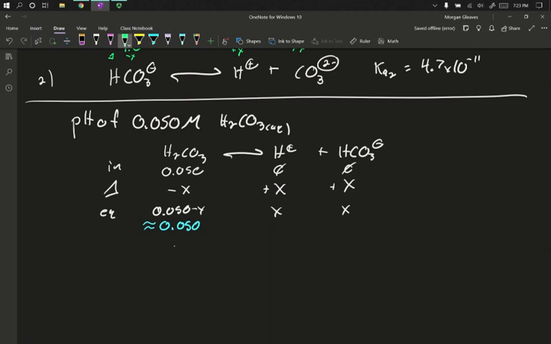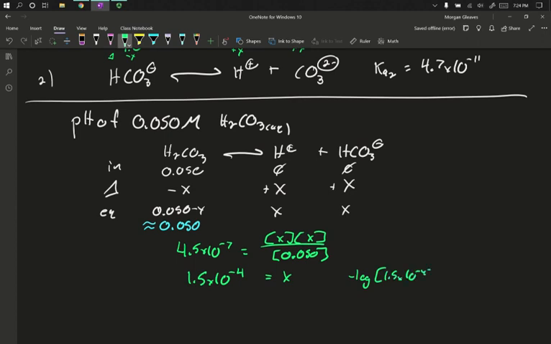Plug this in: our Ka, 4.5 times 10 to the minus 7, is going to equal X for H plus, X for our bicarbonate, over the simplified 0.050 for our acid. Multiply it up, square root it, and our X value is going to be 1.5 times 10 to the minus 4, which if I wanted to find the pH, negative log of 1.5 times 10 to the minus 4 is going to be 3.824.